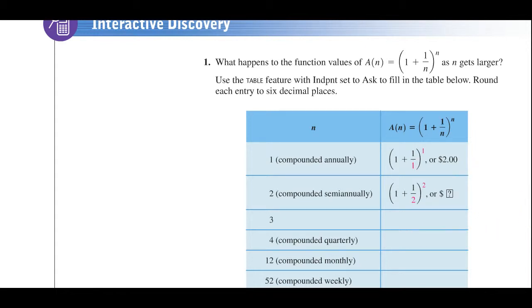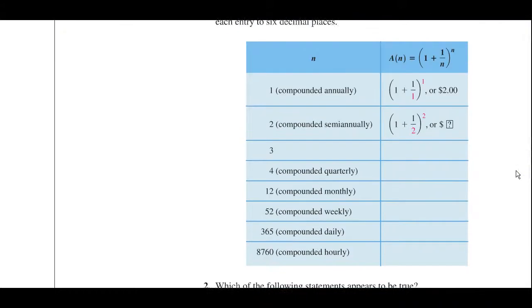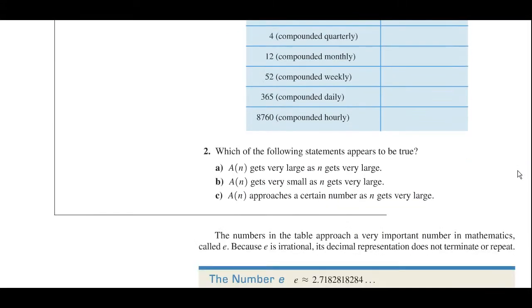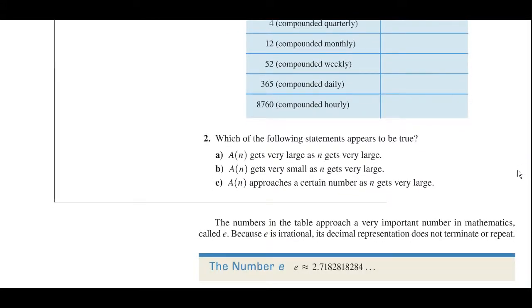Now, if we raise this up a little higher, and I tried these with my calculator, by the way, for this one, I just plugged it into my calculator, it would be 1 plus 1 over this number, 8760, and that is, you are going to compound it hourly.